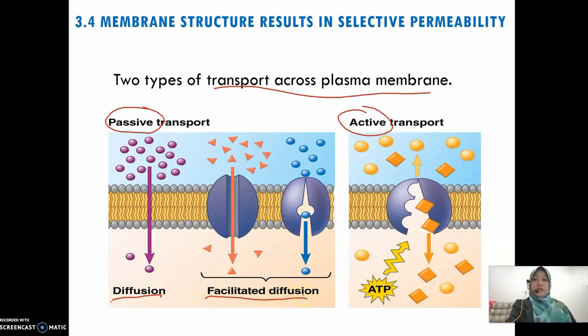This type of transport needs help from transport protein, either channel protein or carrier protein. However, passive transport does not need any ATP. In active transport, ATP is needed to transport substances across the plasma membrane.